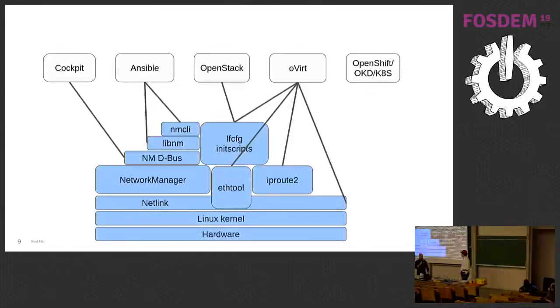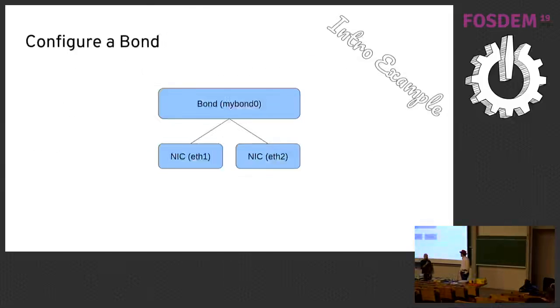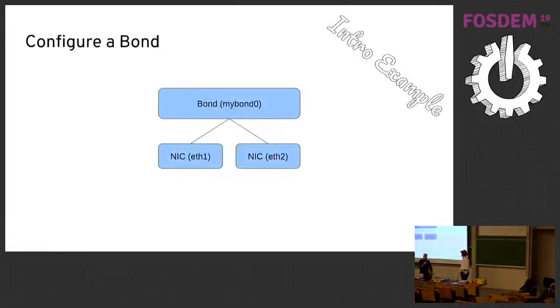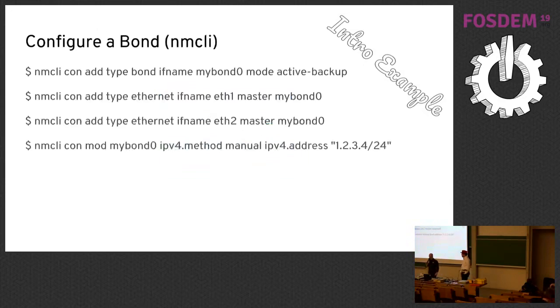So, that's not what I meant. What I wanted to show you now is just a quick introduction to what is NMState. If you want to configure a bond with two slaves, you will need to do this using NMCLI. You can look at it later.